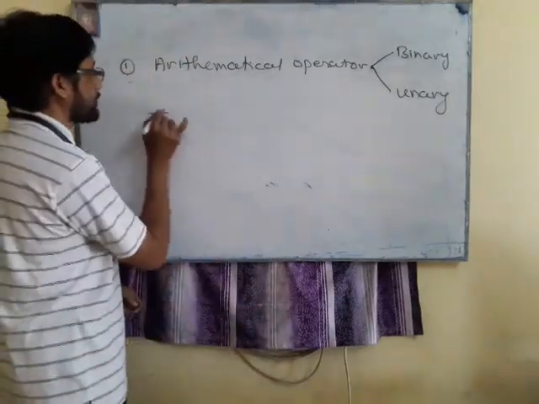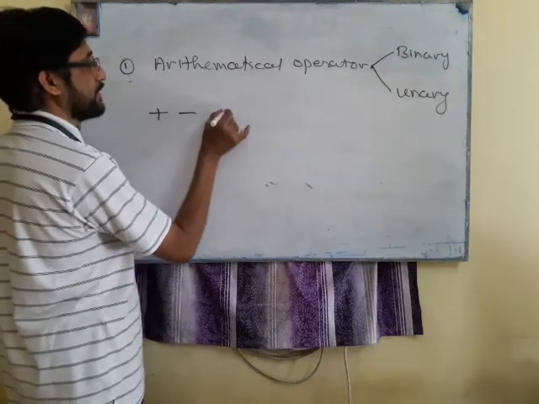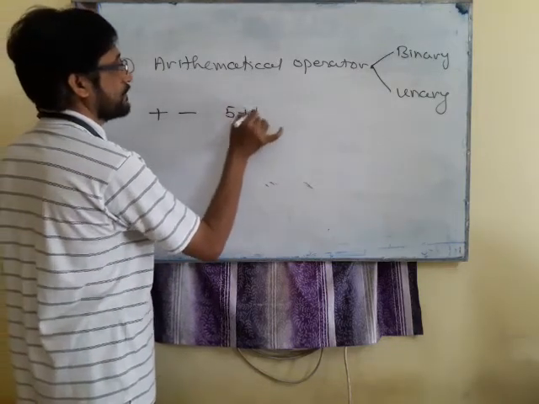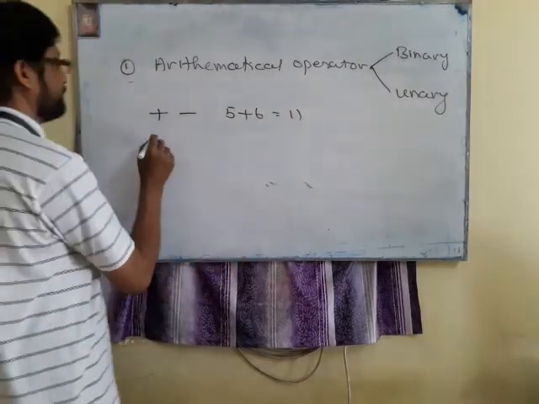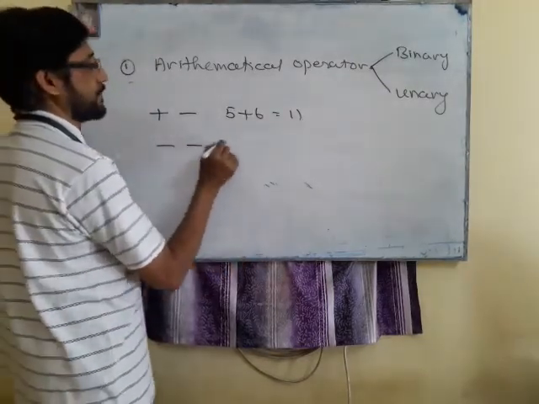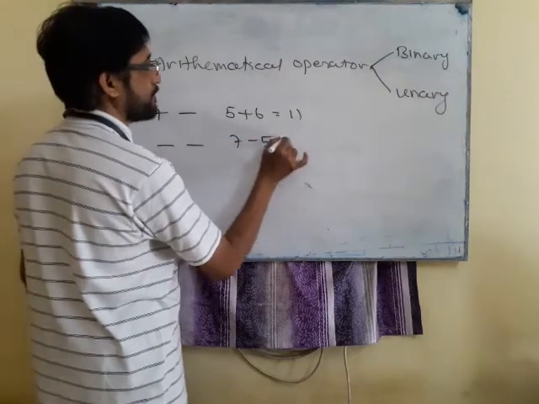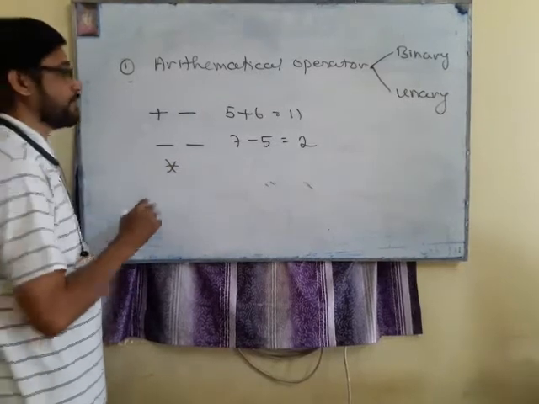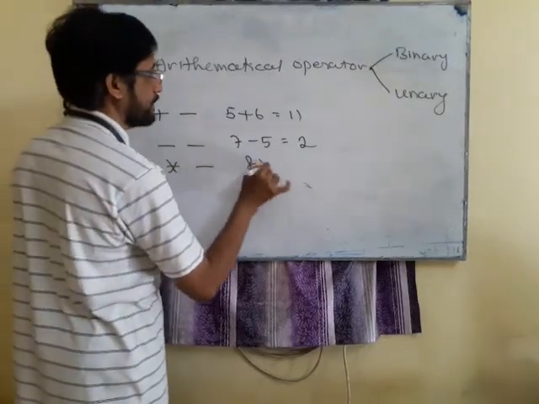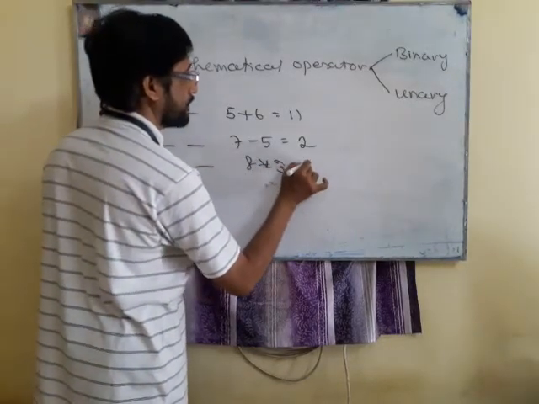These are plus for addition, for example 5 plus 6 is 11. Minus sign for subtraction, say 7 minus 5 is equal to 2. Asterisk for multiplication, 8 times 3 is 24.